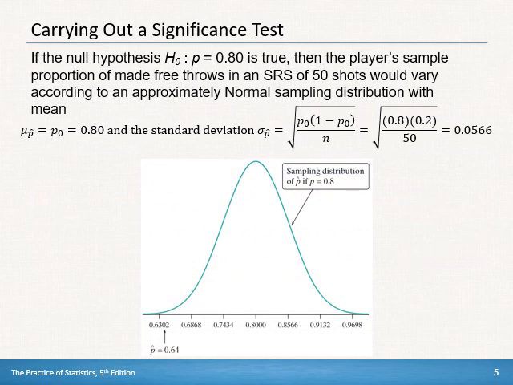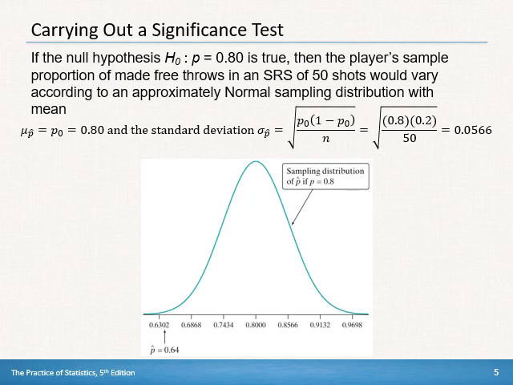Again, we're assuming the null hypothesis is true, that her true free throw proportion rate is 80%. Now, what we want to think about is our sampling distribution.